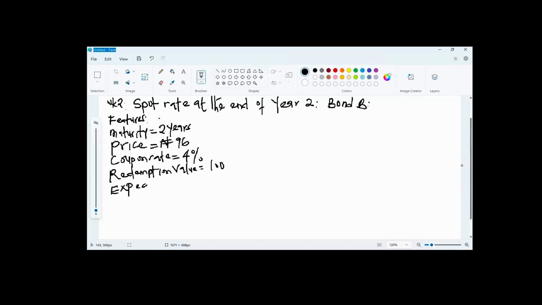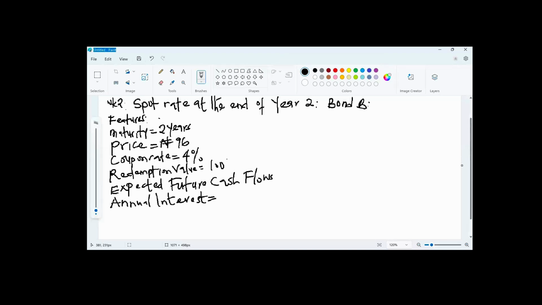For bond B, expected future cash flows. You start with the annual interest. The annual interest is computed on the face value. The face value of a bond is either 100 naira or 1,000.